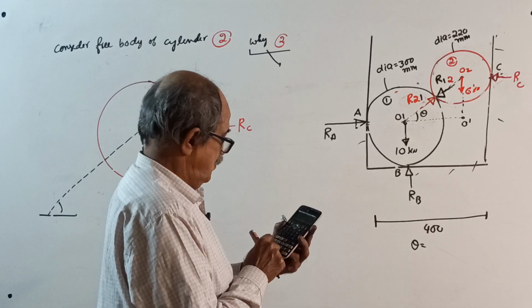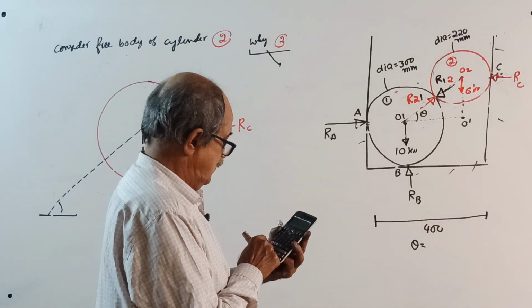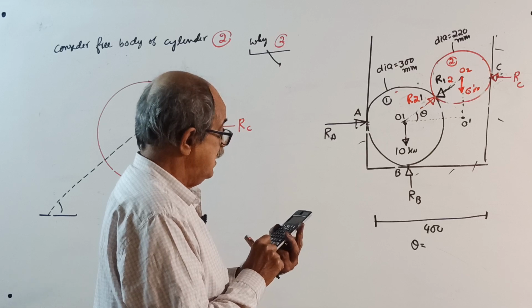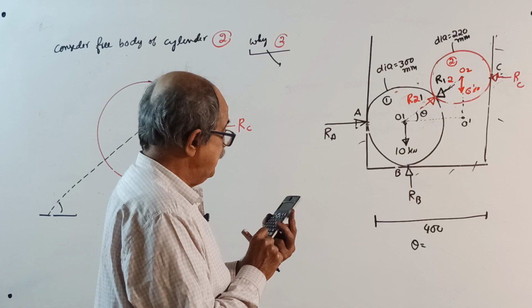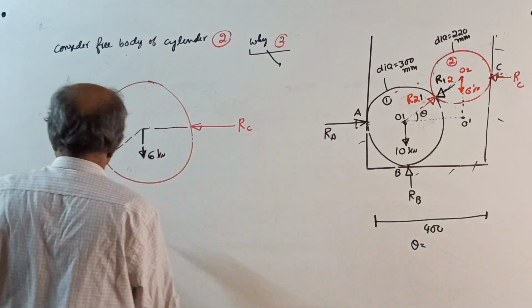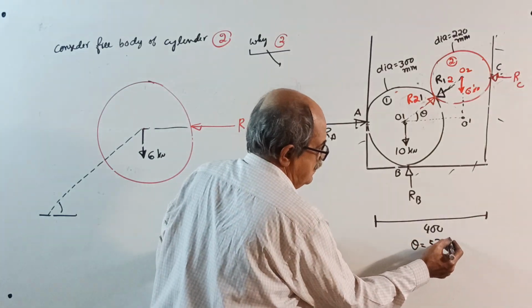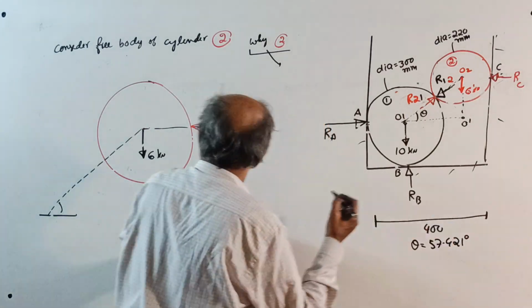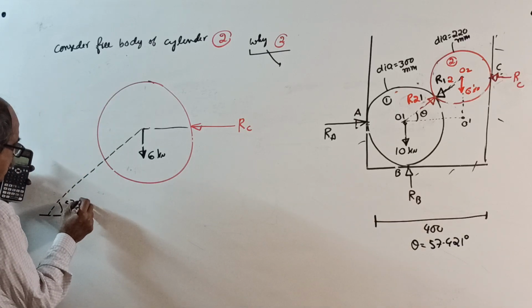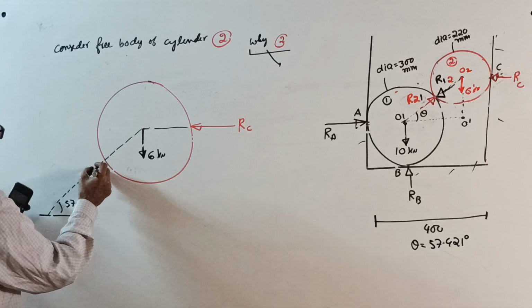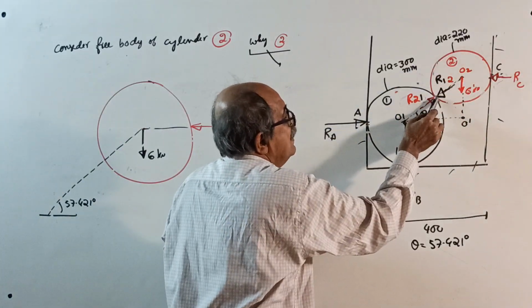And 150 plus 110 is 260. 140 divided by 260 equals shift cos inverse, which gives 57.421 degrees. I write here 57.421 degrees. Okay.